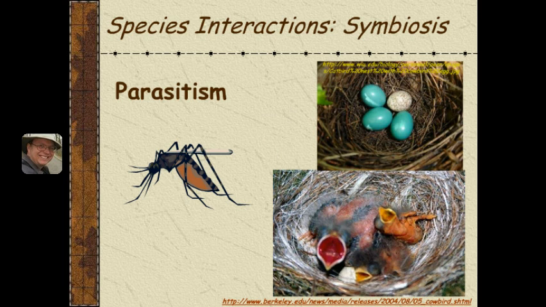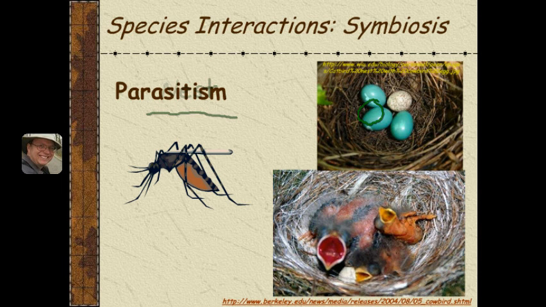This is just unbelievable what these guys do. Brown-headed cowbirds, and a few other species as well, engage in a really, really bizarre and interesting behavior called nest parasitism. What they do is the female cowbird lays its egg in the nest of another bird species.